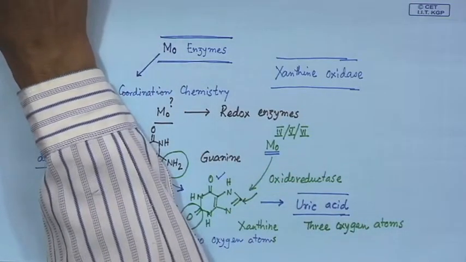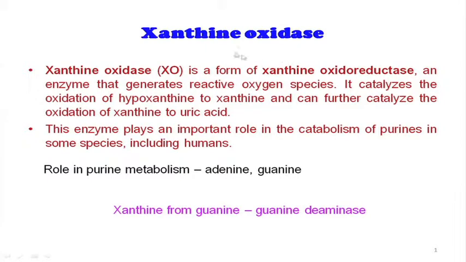So, we get this xanthine oxidase system, and this xanthine oxidase is therefore basically a form of xanthine oxidoreductase that we already told you. An enzyme, therefore, how we can define that particular system, generates reactive oxygen species. So, we call all these reactive oxygen species as ROS, and these ROS groups are very important.